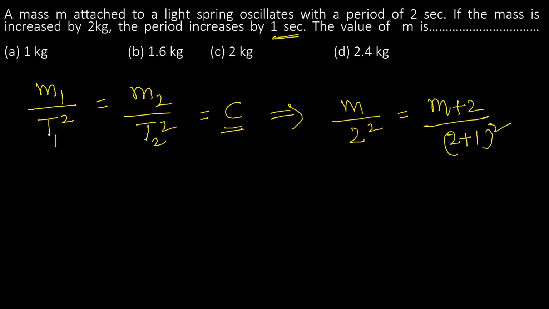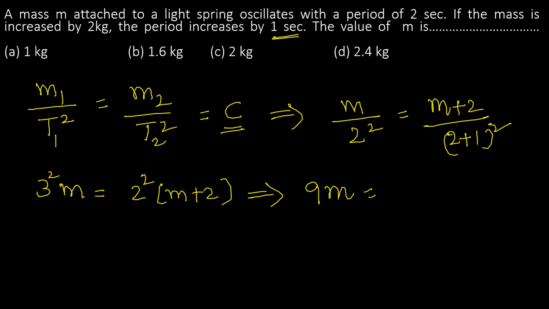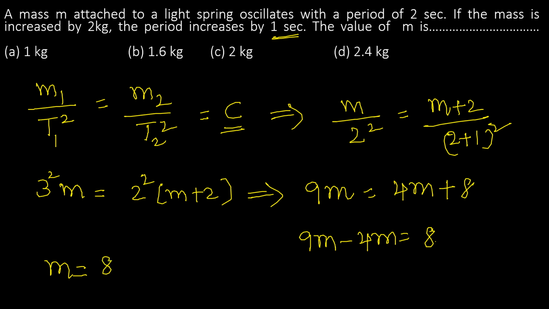Now rearranging this equation, 2 plus 1, that is 3 square times m is equal to 2 square times m plus 2. That is 9m is equal to 4m plus 8, which gives 9m minus 4m is equal to 8, which yields m is equal to 8 by 5, because 9m minus 4m is equal to 5m.